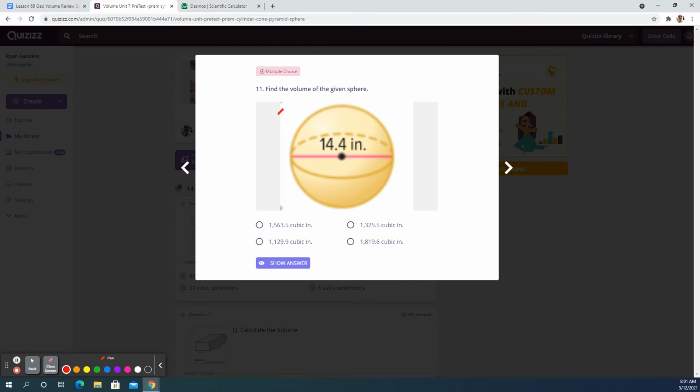Find the volume of the given sphere. Volume is equal to, for a sphere, it has the biggest coefficient in front. It's 4/3, bigger than 1. It's related to circles, so there's always a pi involved and a radius, and that's all there is to it. We take that radius and cube it. They gave us a diameter, so we want half of the diameter to find the radius.